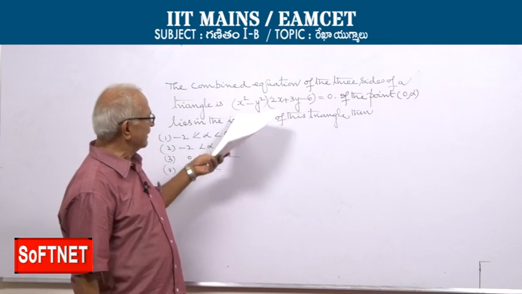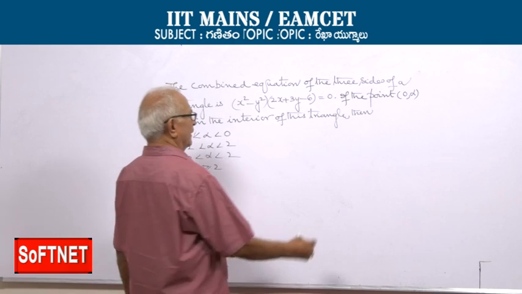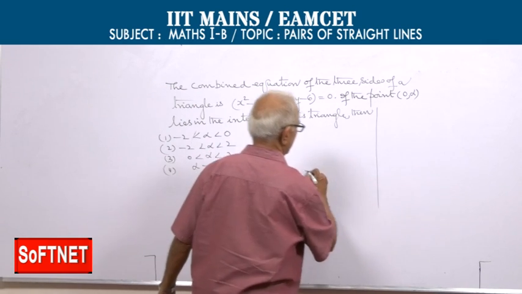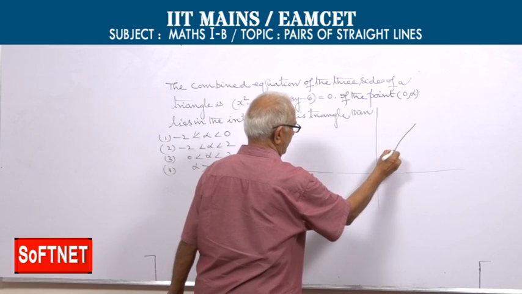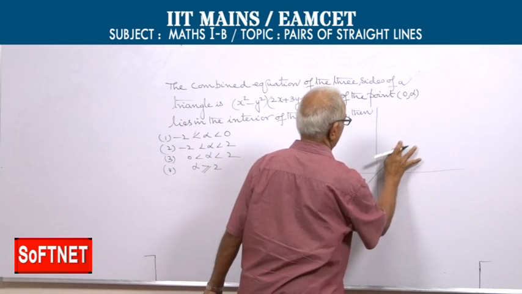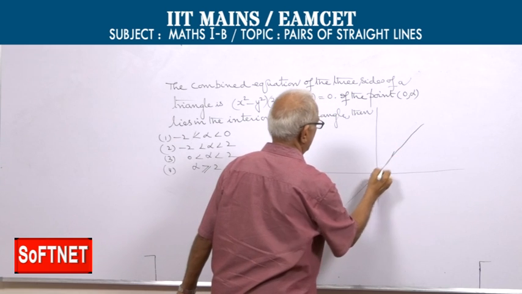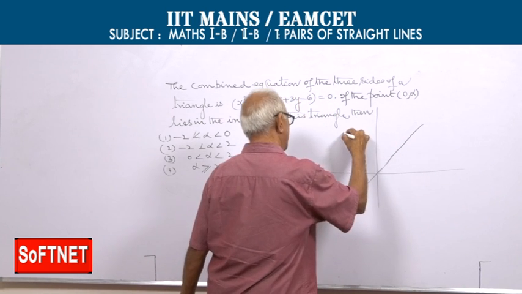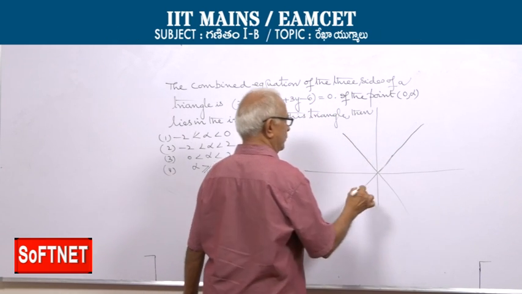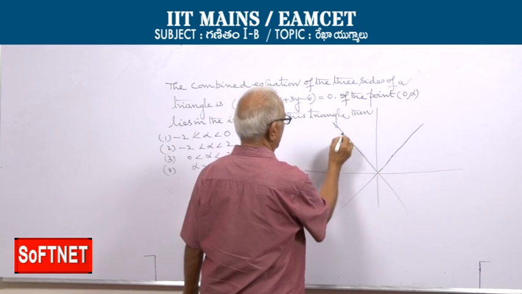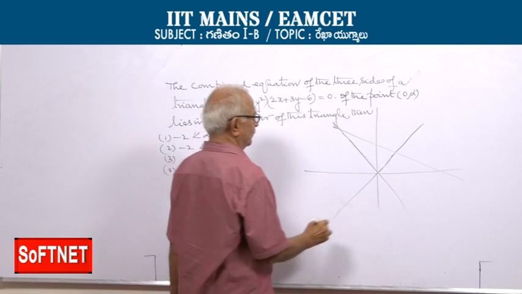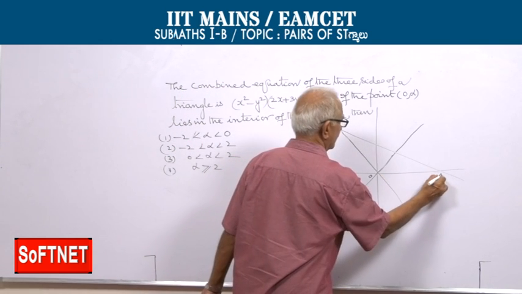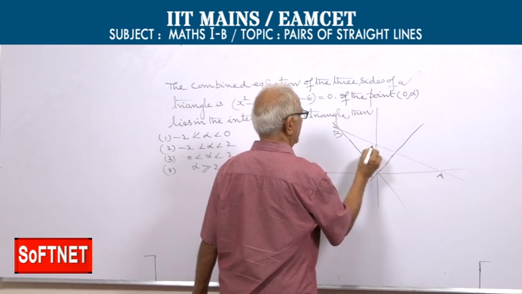So, the 3 sides are clearly like this. One is x plus y equal to 0, this is x minus y equal to 0, and this perpendicular line x plus y equal to 0. The third is this line, 2x plus 3y minus 6 equal to 0. So this is the triangle OAB.